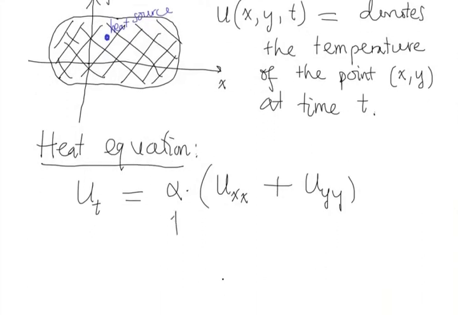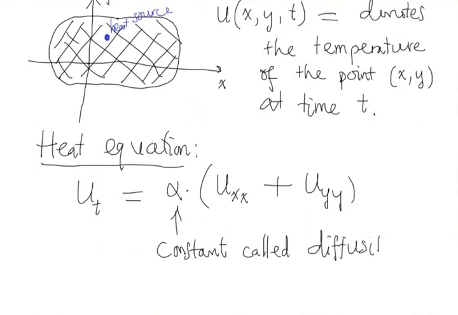And alpha is a constant. This constant depends on the plate we have, what type of metal we have. And this constant is called the diffusivity of the plate.